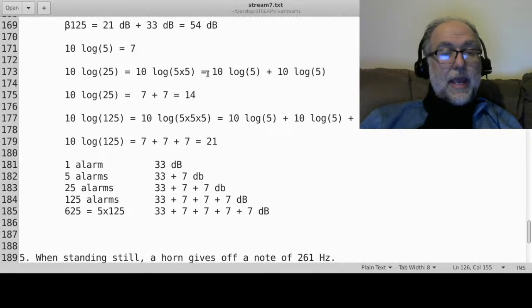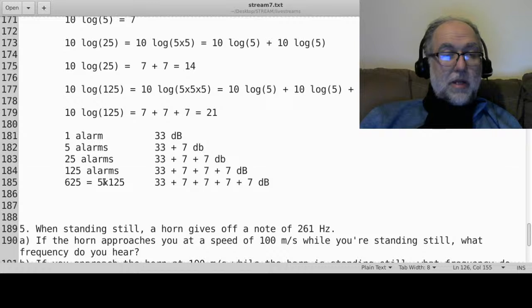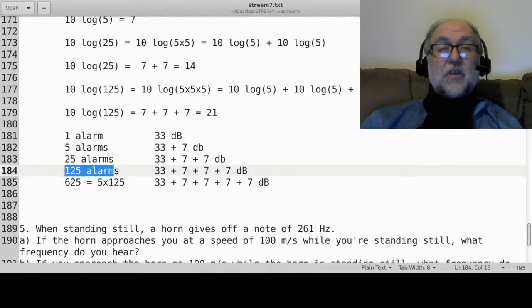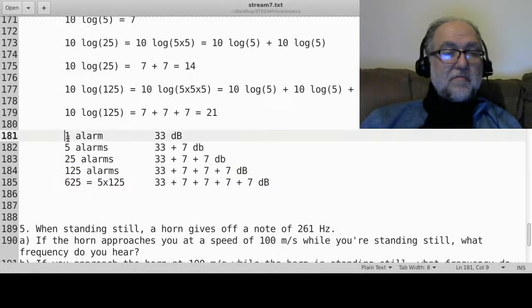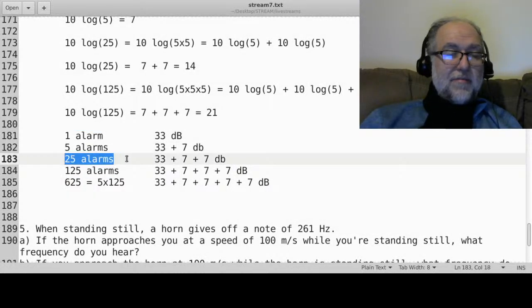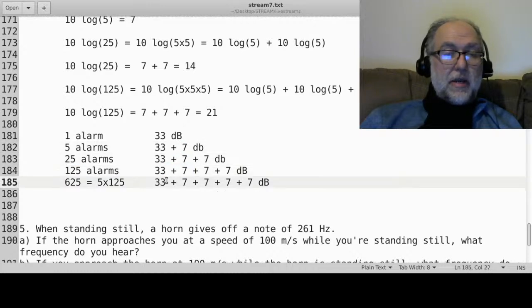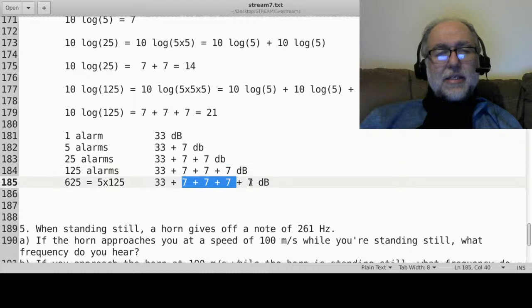All right, and last thing before I move on, notice this is multiplication on this side. The word factor is synonymous with multiplication. So every time you go up by a factor of 5, in other words, you multiply by 5, on this side you add 7. And you go multiplying on this side and adding on this side.